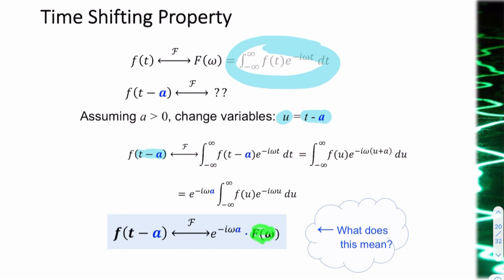So that is simply that. So what's been the effect of this time shift? The effect has been this multiplier here. So this is what we call a phase shift. It's being multiplied by a complex exponential, e to the minus i omega a. So that's cosine omega a minus i sine omega a.